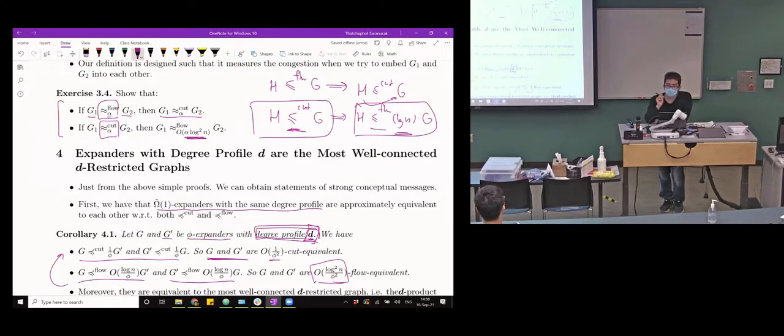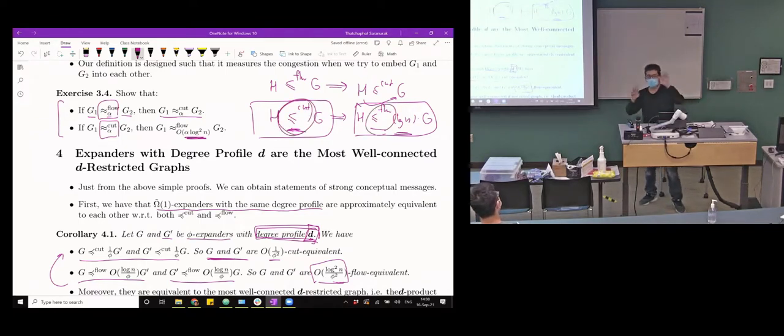It doesn't mean that they can't be compared in cut sense or flow sense. The partial order thing is totally different from this equivalence. No, I really mean by equivalent this partial order here.